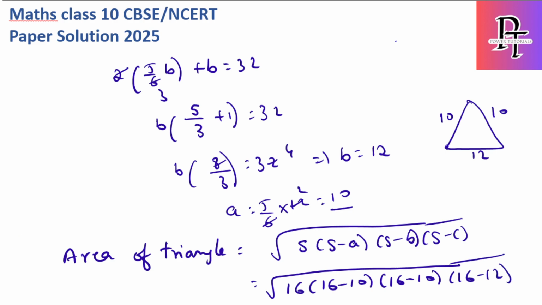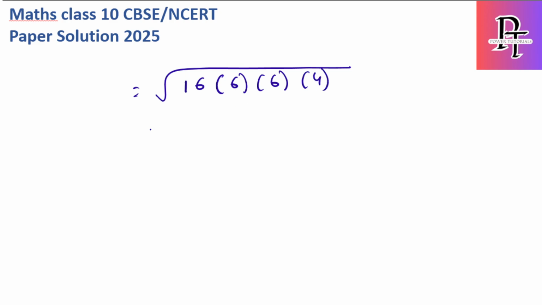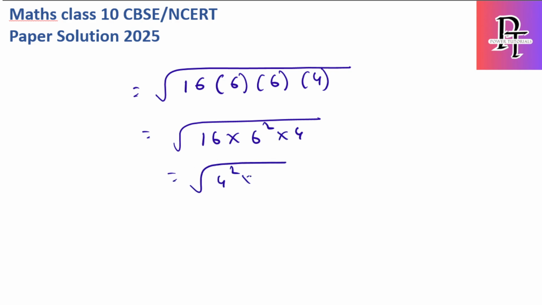So this becomes root of 16 into 16 minus 10 which is 6, again 16 minus 10 is 6, and 16 minus 12 is 4. So I can simply say this is 16 into 6 square into 4. 16 I can write as 4 square, 6 square is already known, and 4 I can write as 2 square.